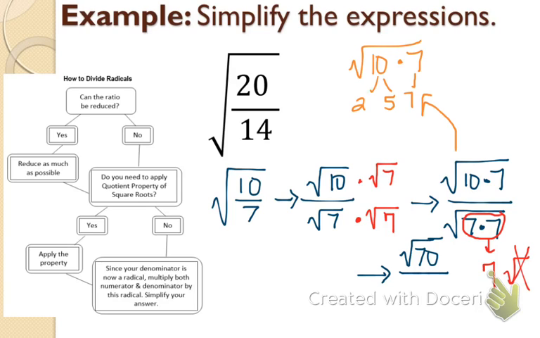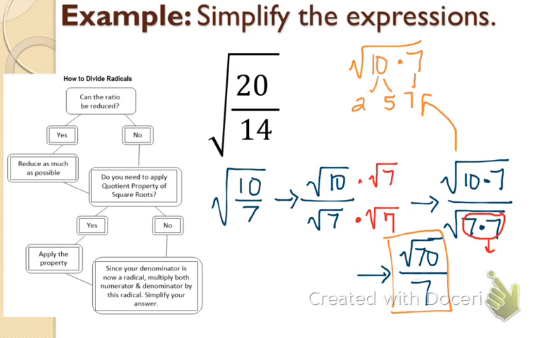So really, I don't even need the square root. So it is safe to say that the square root of 49, because that's what I would get out of 7 times 7, is 7. I simplified as much as I could. Therefore, I can say that this is my final answer.